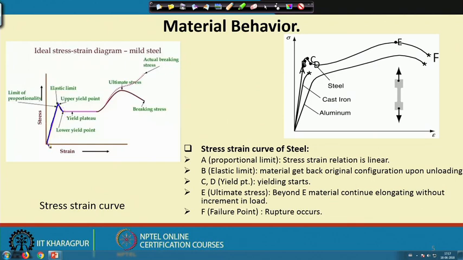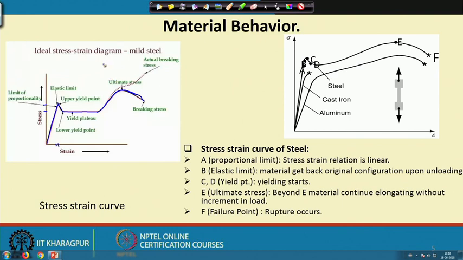That means with a small increase in strain from here to here, the stress suddenly decreases largely. Then it follows a straight path, and after that it again gains stress, and reaches some maximum value. This is an ideal stress strain diagram.